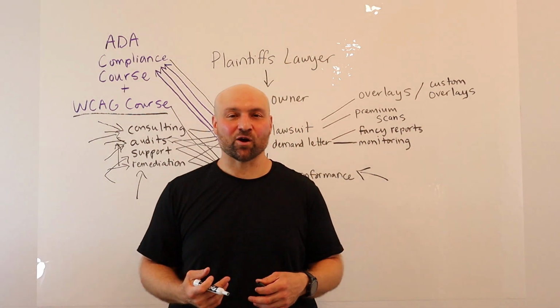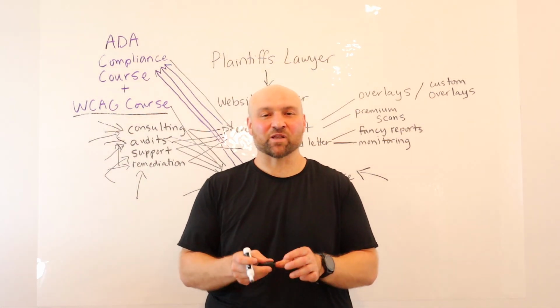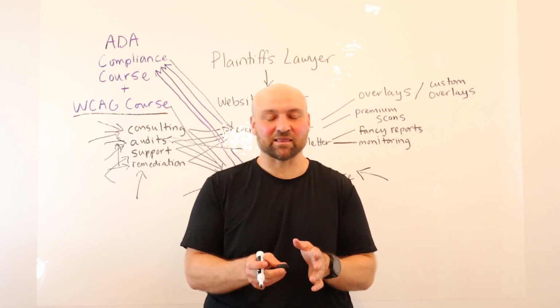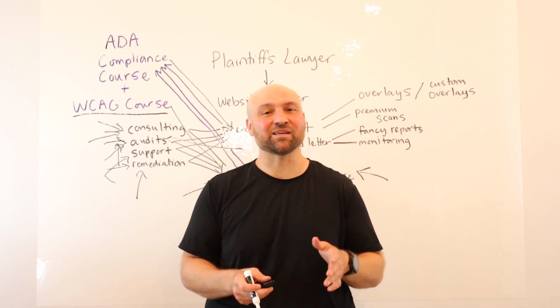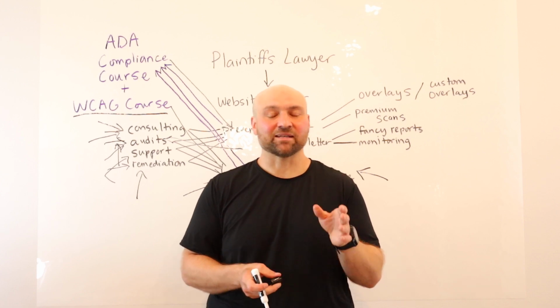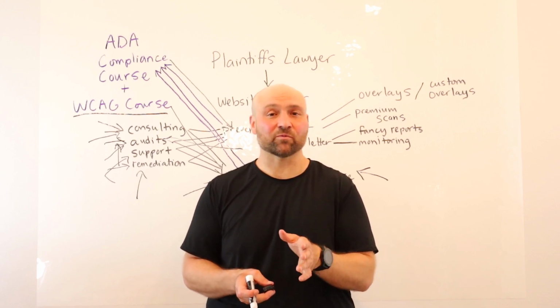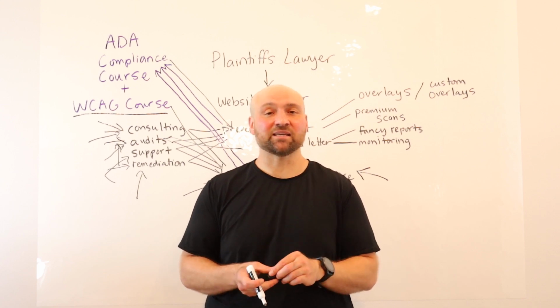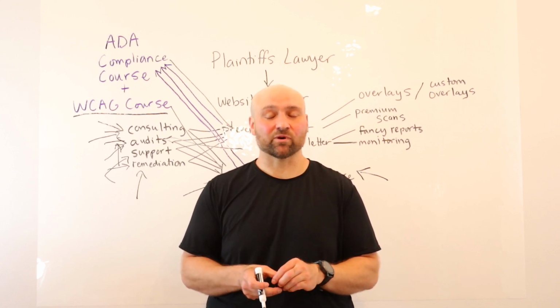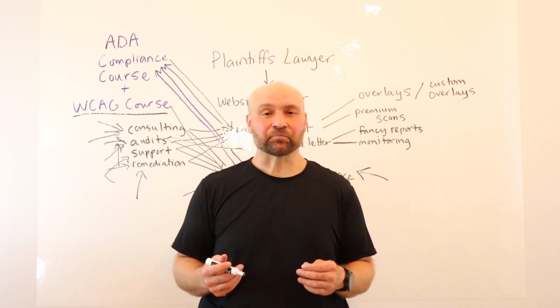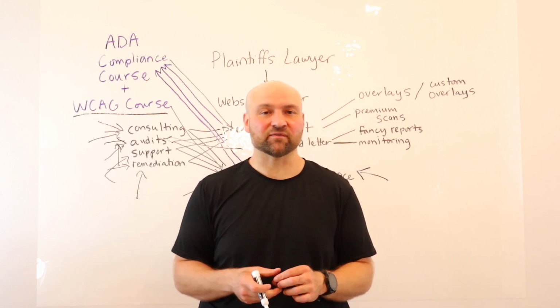All of these things are great, but what you need to focus in on are these issues that the plaintiff's lawyers are looking for, and you need to take immediate action. It doesn't have to be perfect action to significantly reduce your risk of litigation, but it does need to be immediate, and you need to make sure that you're getting it mostly right, so that as you are working on accessibility, you are reducing your risk of litigation.